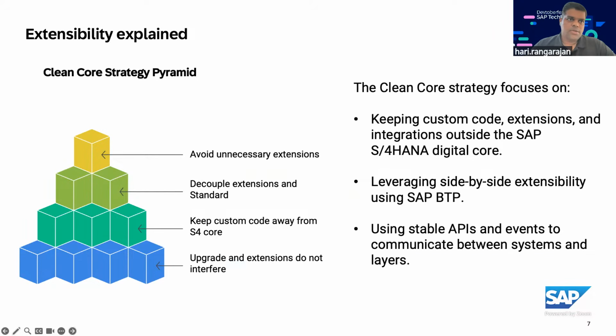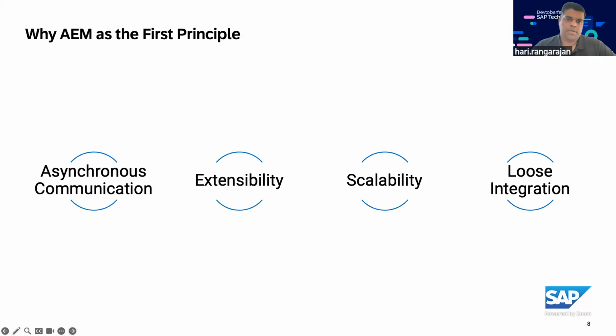Now let's move on to why I am advocating the SAP BTP Advanced Event Mesh as a first principle, right? To achieve the clean core strategy, event-driven architecture plays an important role by decoupling the processes through individual events, right? Following the loosely coupled framework and avoiding tightly coupled integrations. Let me reiterate that point again.